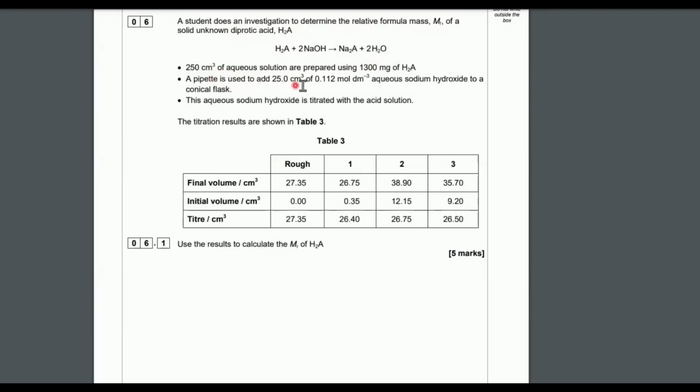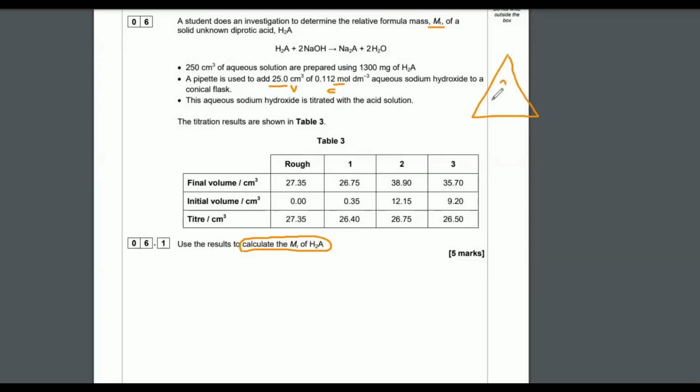A pipette is used to add 25 centimeters cubed of 0.112 mole per decimeter cubed aqueous sodium hydroxide to a conical flask. The aqueous sodium hydroxide is titrated with the acid solution. So the acid is titrated from a burette into the conical flask with the sodium hydroxide. We've been given the titers for the volume of acid that's been added. And the main command for this question is to calculate the Mr of H2A, and it's worth 5 marks.